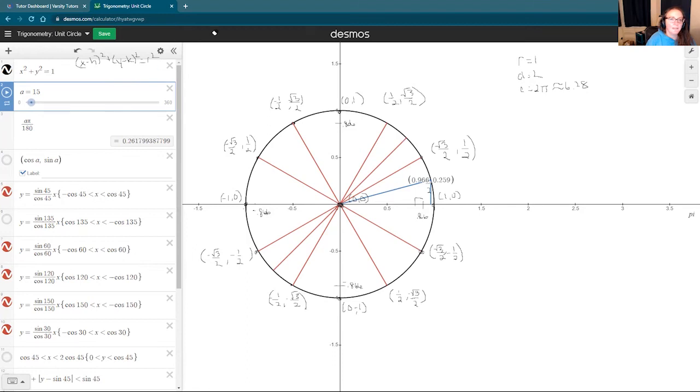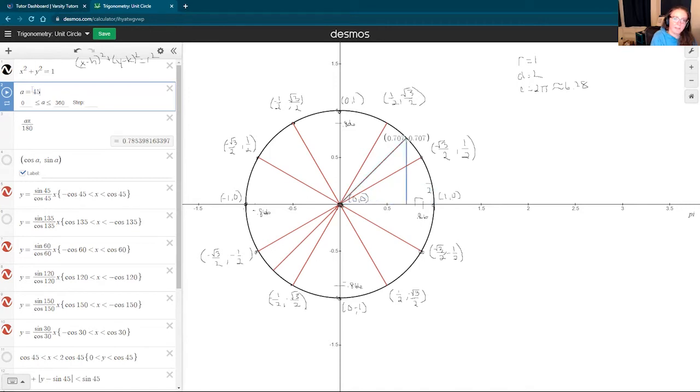Okay. So theta is 45 degrees, 0.707 and 0.707. Now, of course, we write this point as the square root of 2 over 2, root 2 over 2.